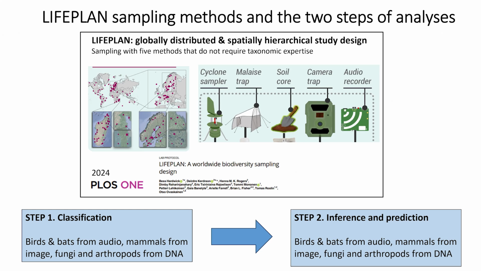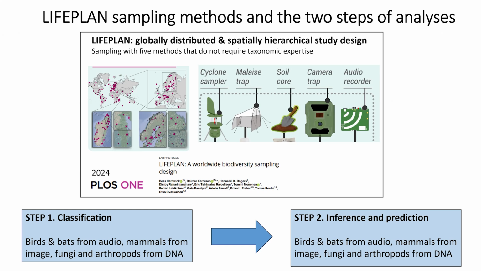If we simplify a lot, we need to do 2 steps. First one is this classification, how to classify or identify all the birds and bats from the audio, mammals, and some other animals from the images, fungi and arthropods from the DNA meta-barcoding data, how to get these species lists that Bess was talking about. So that is kind of the step 1.